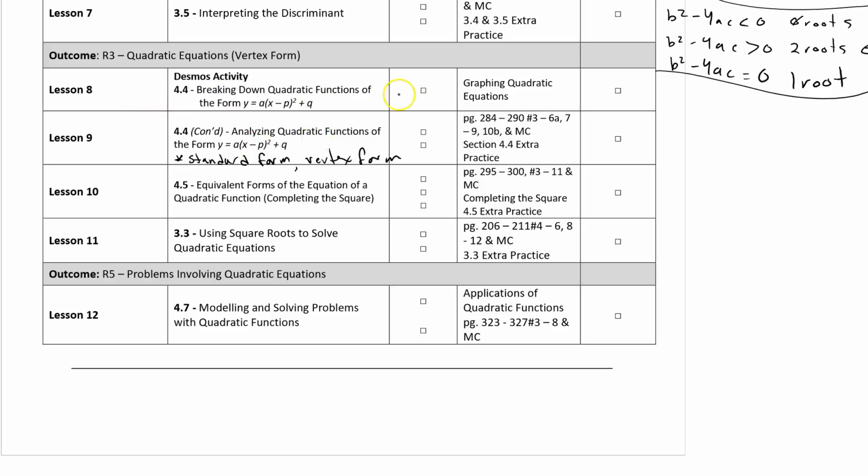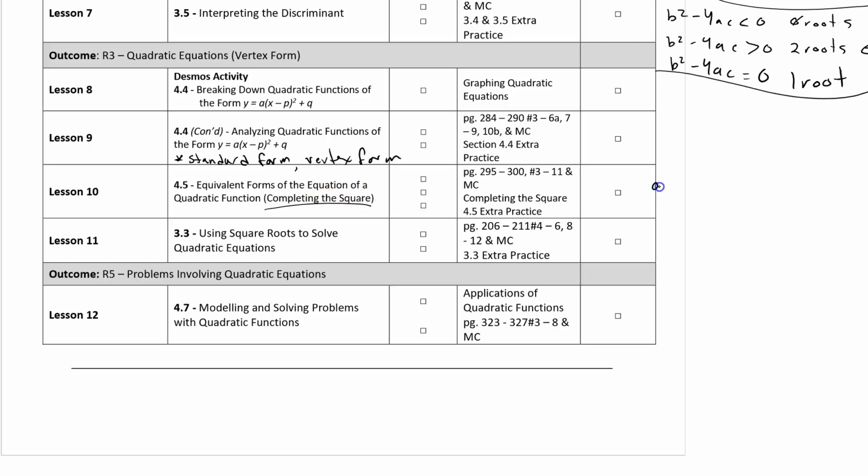Lesson 8 was talking about just one transformation, one kind of change to the parent graph or mother function. Lesson 9 went into a little bit more depth, with 2, 3, 4 different transformations on the same graph. Lesson 10 talked about how to complete the square.